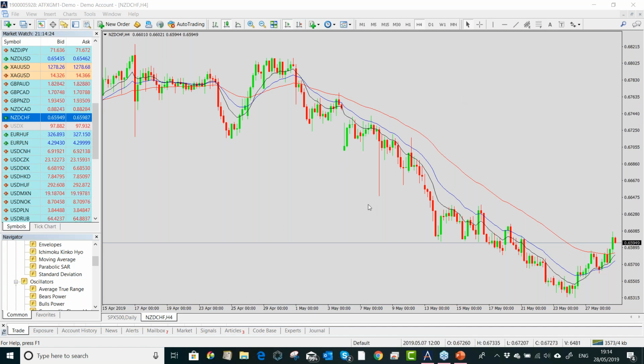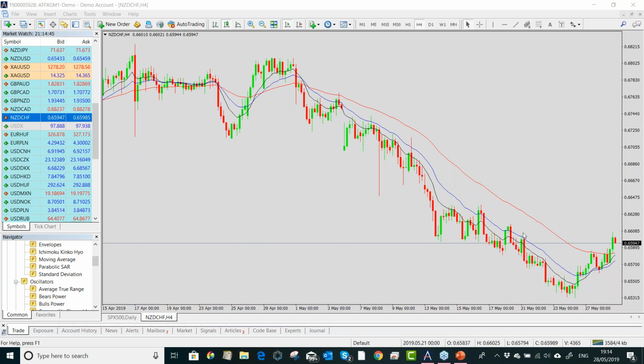Back to moving averages. Moving averages simply average out the price over the past X number of bars. So the 50 moving average is the average of price over the last 50 bars. The 20 moving average is the average of price over the last 20 bars. And the 10 moving average over the last 10 bars.